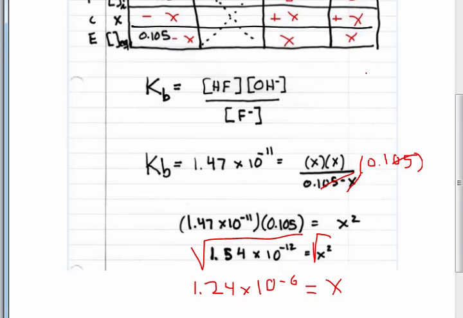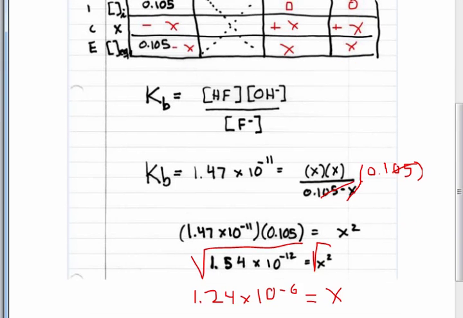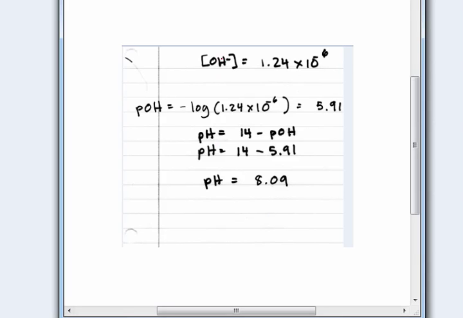So I go back to my ICE chart, and I have figured out one of the parts of the problem, which was to determine the concentration of hydroxide. According to our ICE chart, x is hydroxide, and I figured that out. Now the next part is calculating the pH. There are several ways we can calculate the pH.